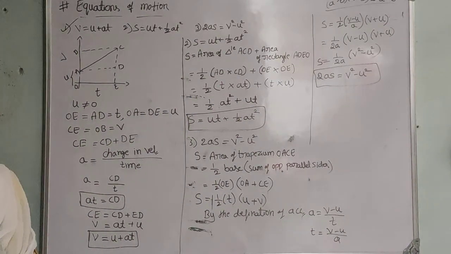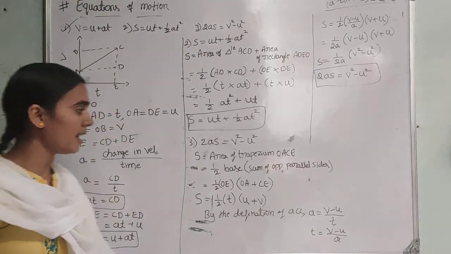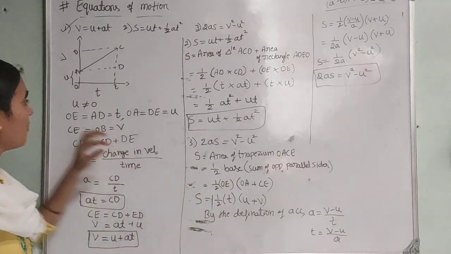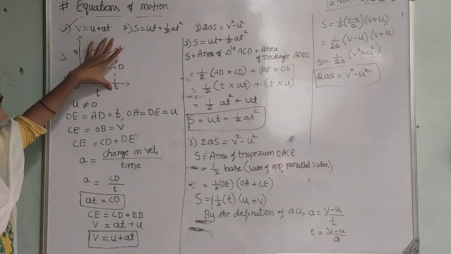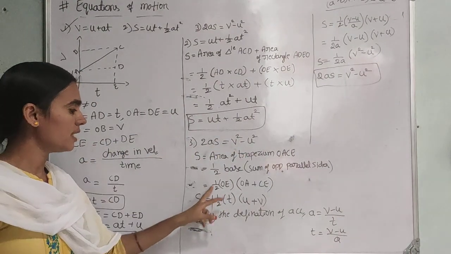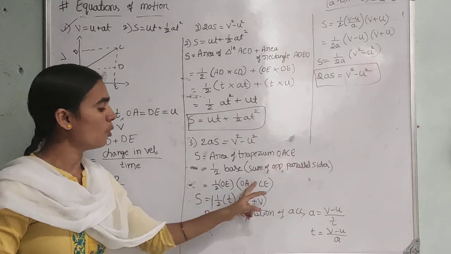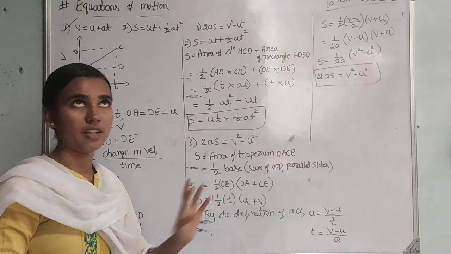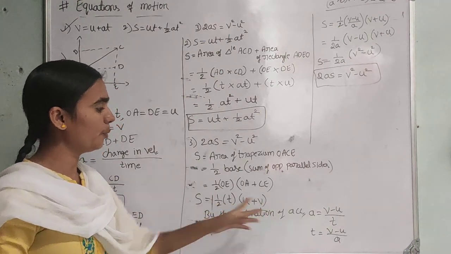The area of the trapezium formula is half into base into sum of the opposite parallel sides. So half as it is, base is OE and opposite sides are OA and CE. Then substitute the values: half as it is, OE value is T, OA value is U and CE value is V. Then T into U plus V.